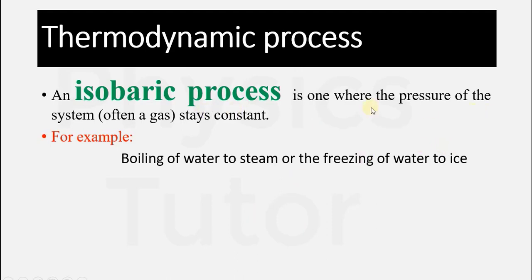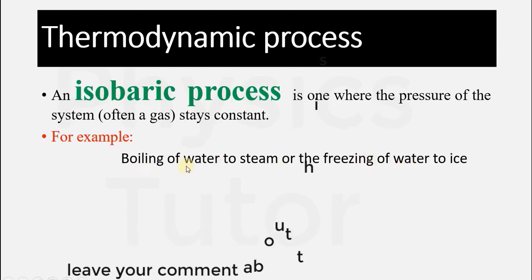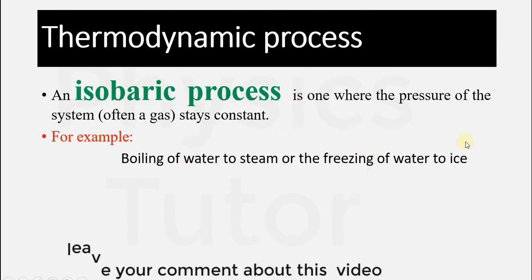The pressure of the system always remains constant while temperature changes. When temperature increases, water converts into steam, and when it freezes, water converts into ice. In this case, the state changes but the pressure of the system remains constant.